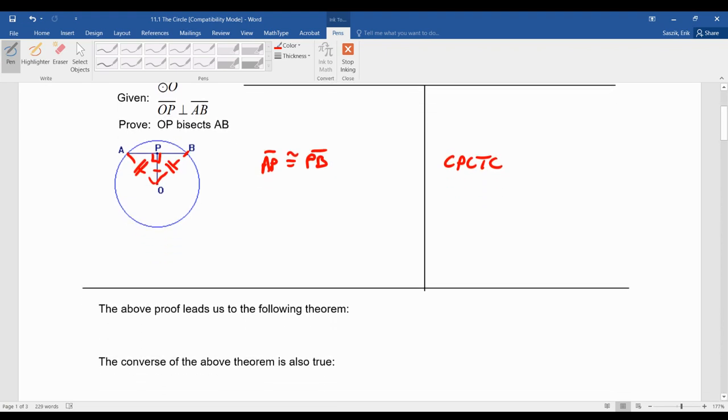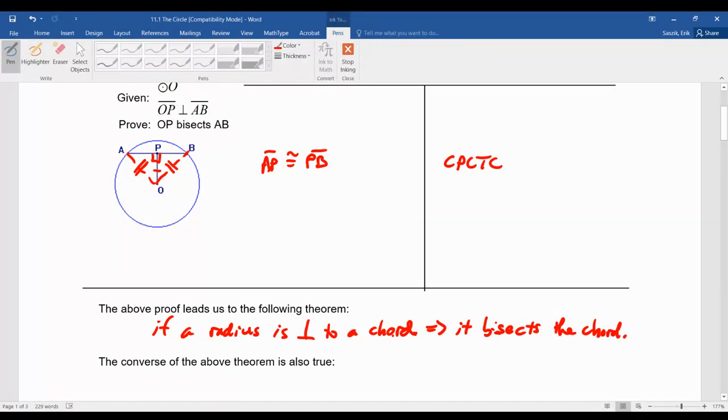And down here, what that theorem is going to be is if a radius is perpendicular to a chord, having some trouble with my pen here, then it bisects the chord.